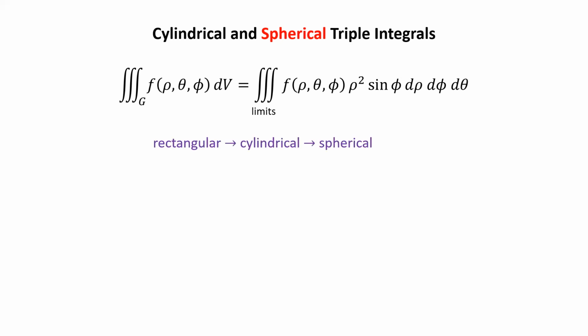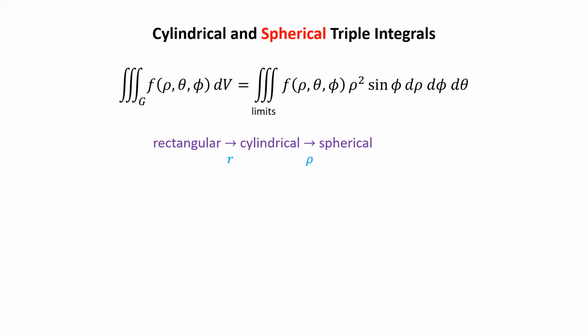Just to give an indication as to why that happens, remember that we could think of changing from rectangular to spherical in 2 steps, first going from rectangular to cylindrical and then from cylindrical to spherical. When we go from rectangular to cylindrical, we have to throw in an extra factor of r. When we go from cylindrical to spherical, the analog is throwing in a factor of rho.